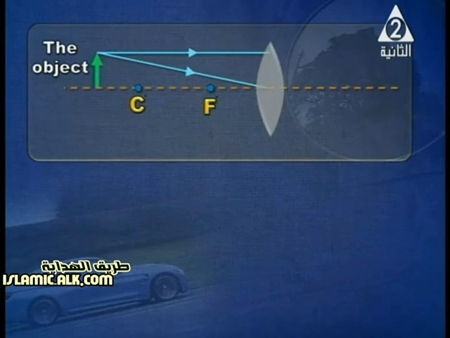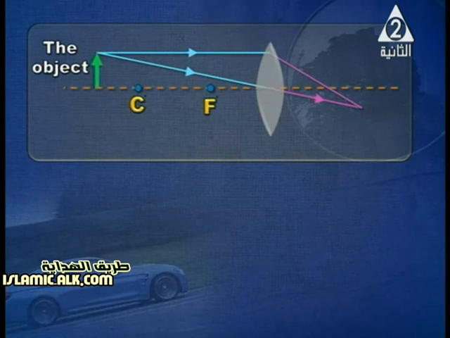The second case is when the object is placed at a distance larger than the radius of curvature of the lens, or after C. This object will send 2 rays. The first ray falls parallel to the principal axis, which will refract passing through the focus of the lens.